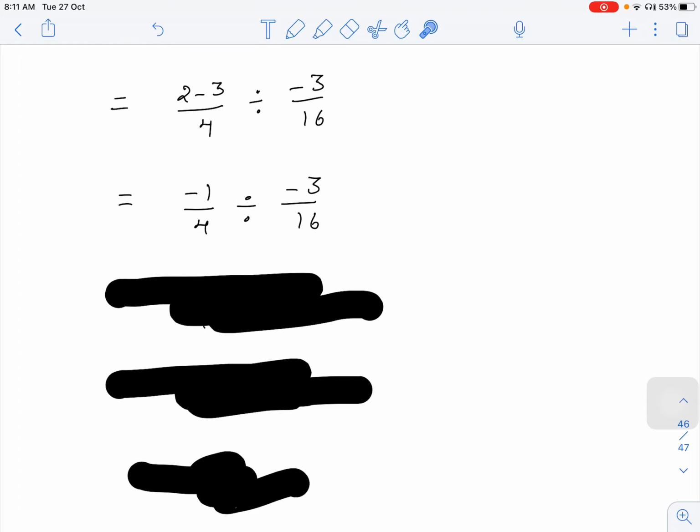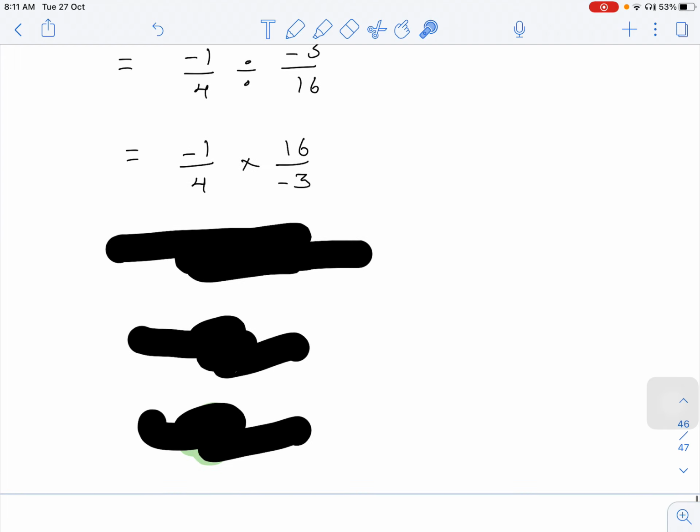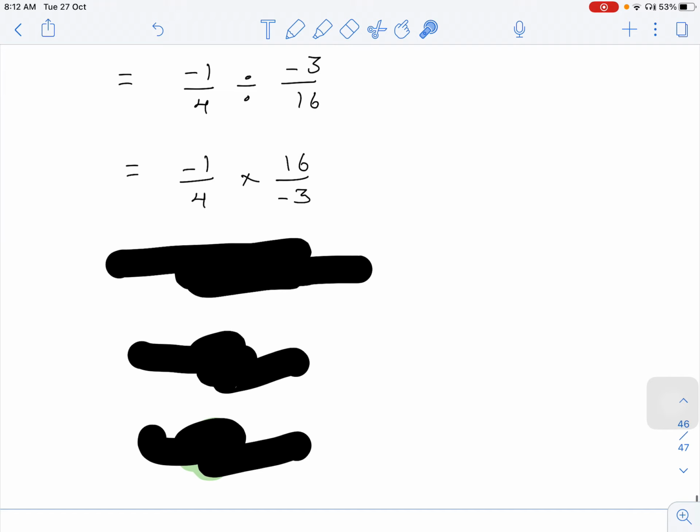Now here a division sign is there. We want to change it to multiplication. When we write multiplication here, we have to take the reciprocal of this number. So in the next step we will have minus 1 upon 4 into, now what is the reciprocal of minus 3 upon 16? 16 upon minus 3. Now again check whether we can cancel any numbers over here or not. Yes, we can make one cancellation. 4 ones are 4, 4 fours are 16.